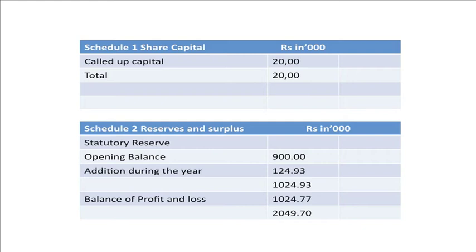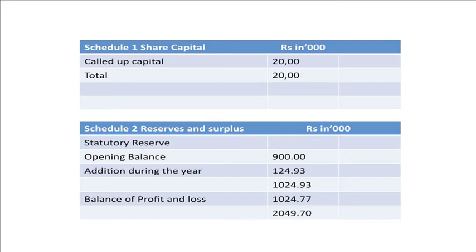Now, coming to schedule 2, reserves and surplus. Statutory reserves opening balance is given as 900, addition during the year is 124.93, it is 25% of the annual profit which we have appropriated from the P&L account. So, we have added it up, it is 1024.93.